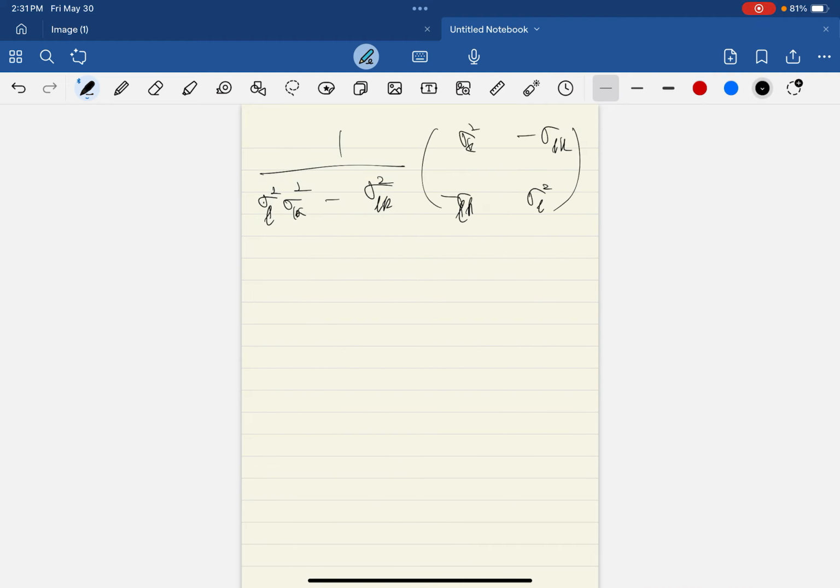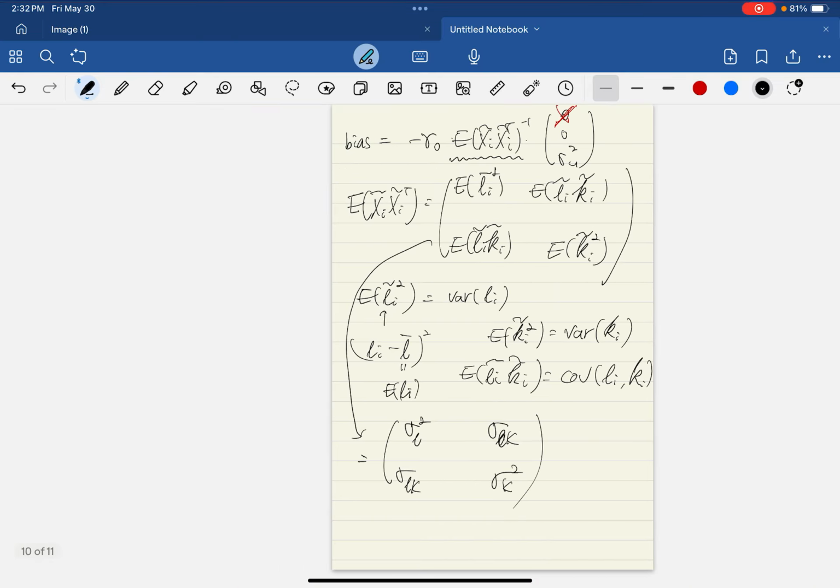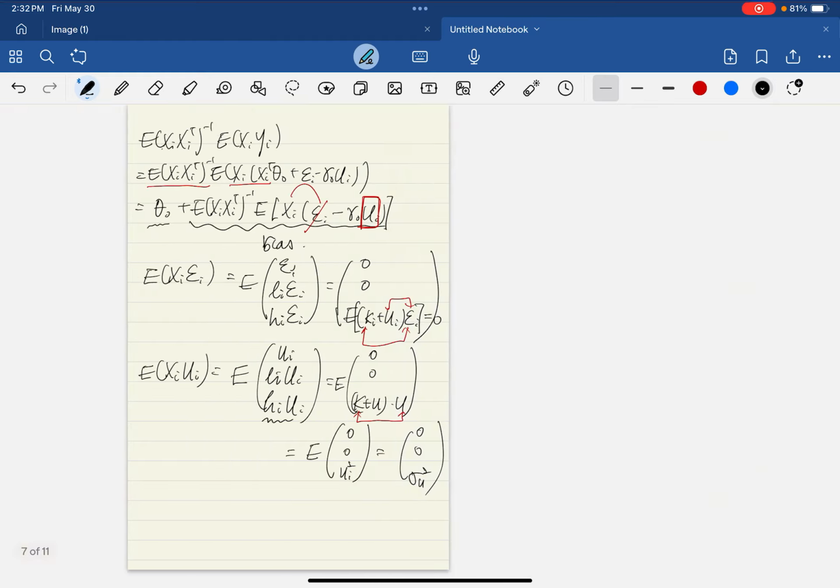So you have to calculate minus gamma 0 over this guy here and this matrix here times 0 times sigma u squared. Then you calculate, and the answer is the same as homework 1, homework 2. So it is just purely algebra. So I'm not going to say more about that.